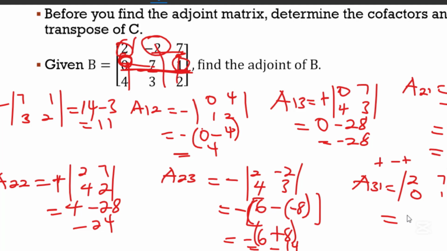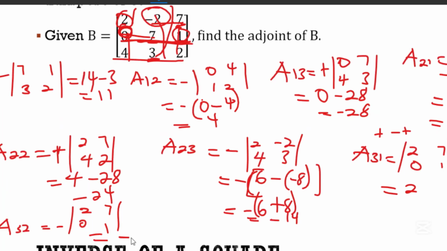So we have 2, 0, 7, 1. So you have negative bracket 2 times 1 is 2, 0 times 7 is 0. So you have negative 2.